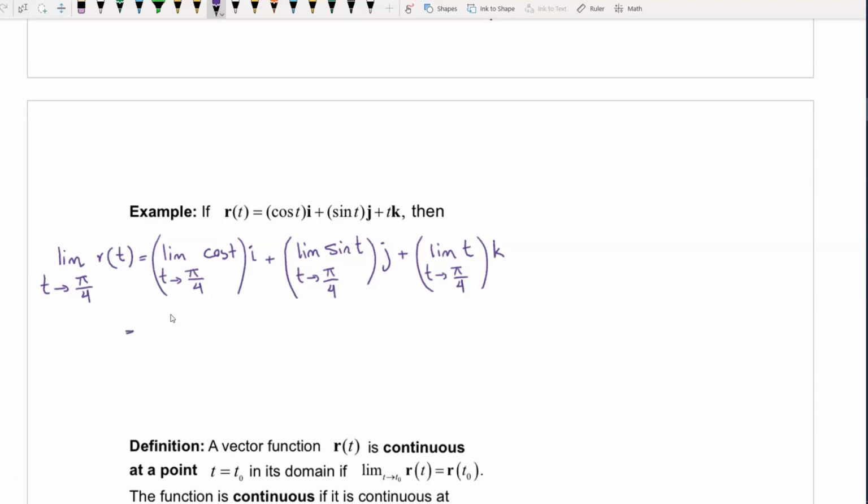For the first part, instead of t we use pi over 4: cosine pi over 4 is square root of 2 over 2 i, plus sine pi over 4 is square root of 2 over 2 j, plus pi over 4 k.